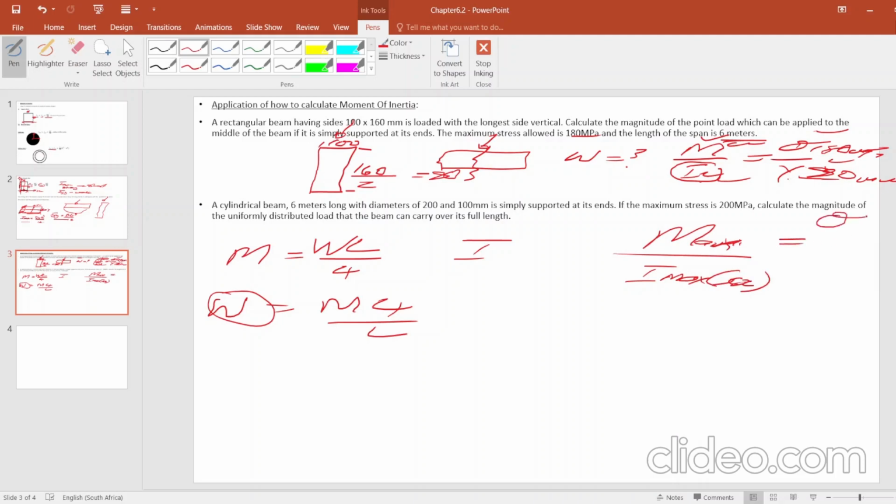Equals to stress, it is always max. Why? It is always max. Not unless they've stated otherwise. If they've stated otherwise, it means this side you will have stress mean over y mean.